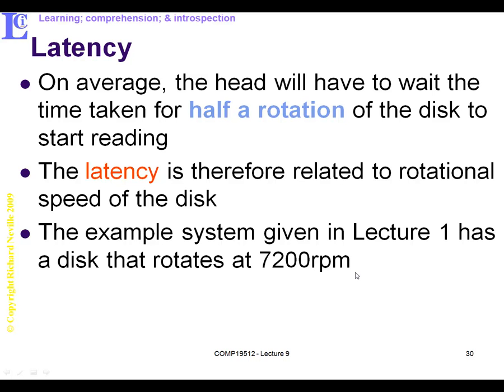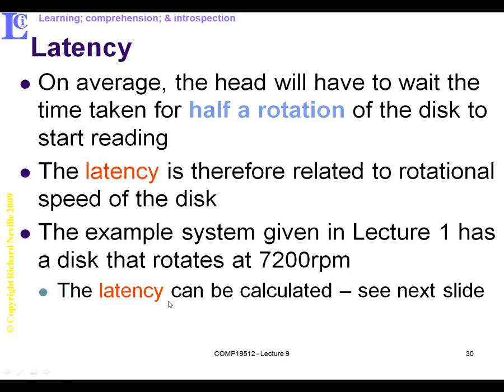And that comes back from the lecture we saw when we put together a system for our end user PC. So, how would we calculate this latency, given that spin speed? Let's look at it on the next slide.